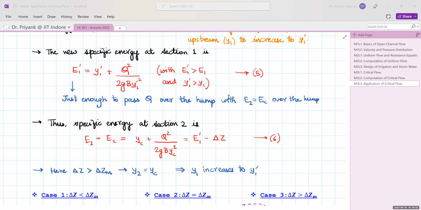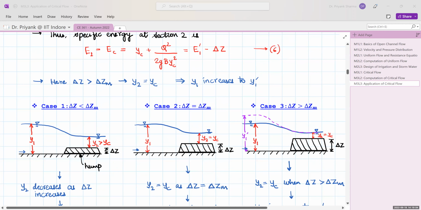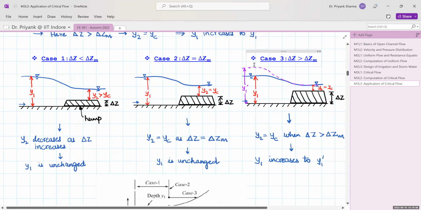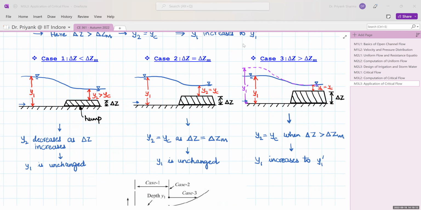So let us summarize all these three cases. In case 1, you can see that at section 1 the depth remains unchanged. This is the height of the hump delta Z, and your Y2 here is greater than Yc. Now in the second case, when delta Z is equal to delta Zm, you are gradually increasing the height of the hump.